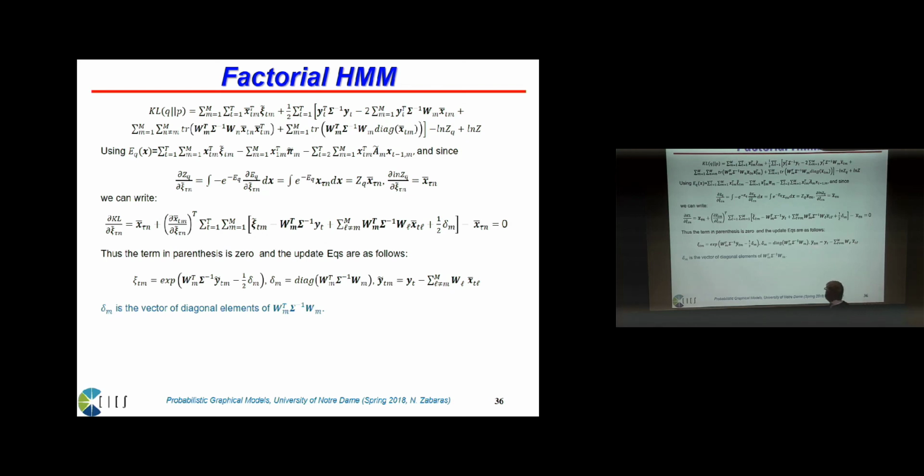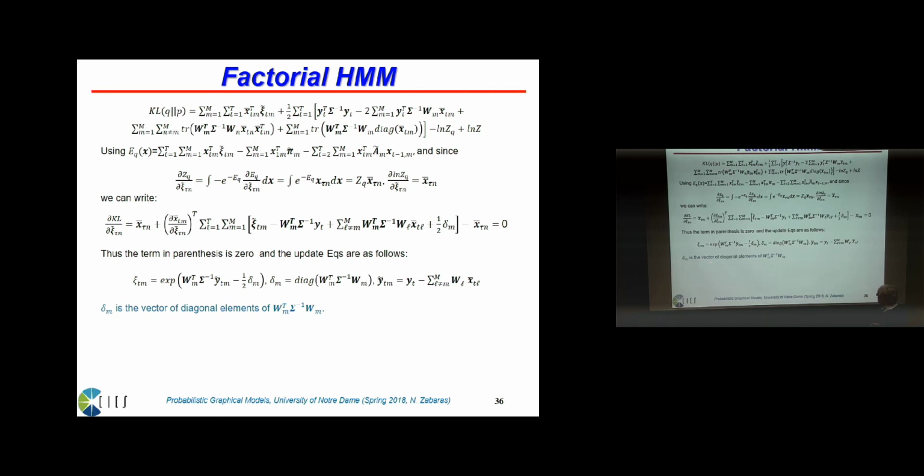In normal circumstances, I would have asked you to write a little computer program to check this factorial hidden Markov model, because it really works. Even though it has lots of intuition in the way you decouple the evidence, it worked quite well.